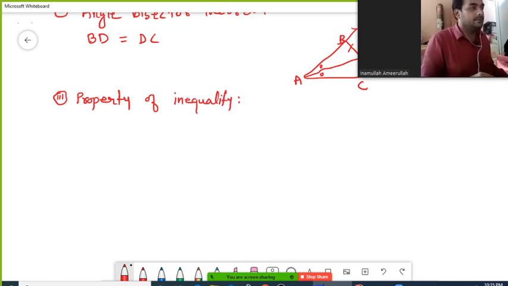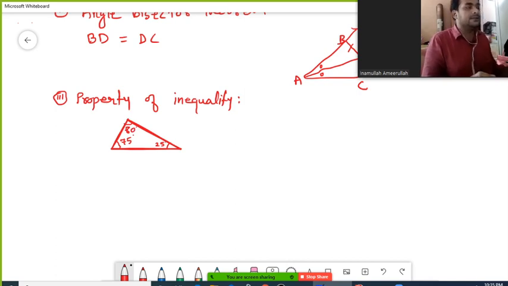Suppose you have a triangle where this angle is 25 degrees, and then this angle is 75 degrees, and this angle is 80 degrees.